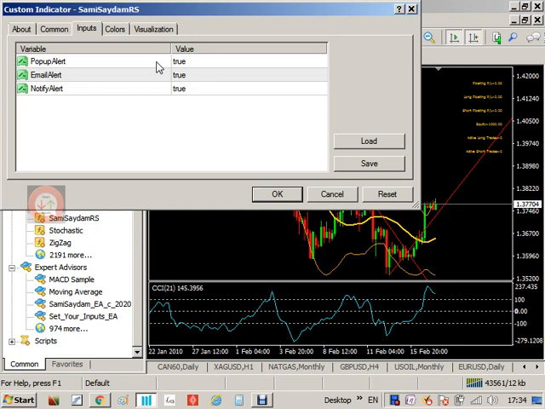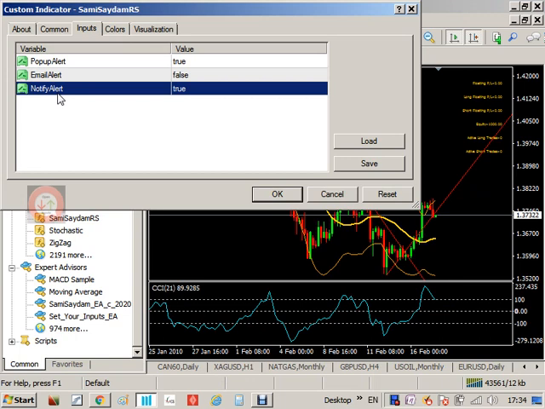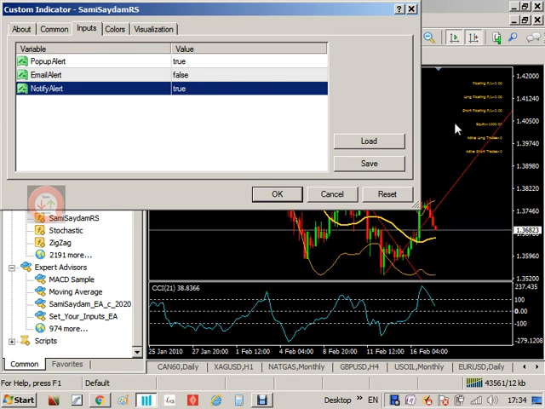Then you put the inputs true. Email, if you don't have the email, you put it false. Notification alert, put it to true. So each time you see here the line breaking down, and it gives you confirmation here, then a screen will pop up telling you that the trend is down.